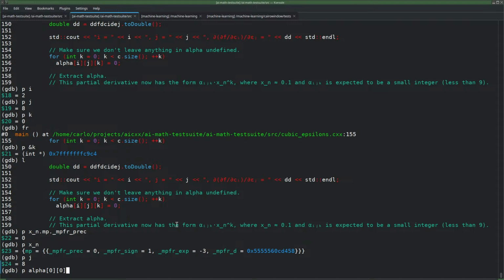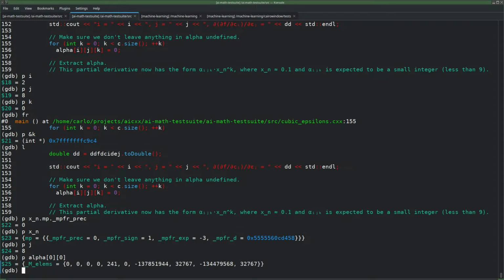This should have a size of k, and k, the size of c, is the number of coefficients. That should be 4. Really? 1, 2, 3, 4, 5, 6, 7, 8, 9, 10.